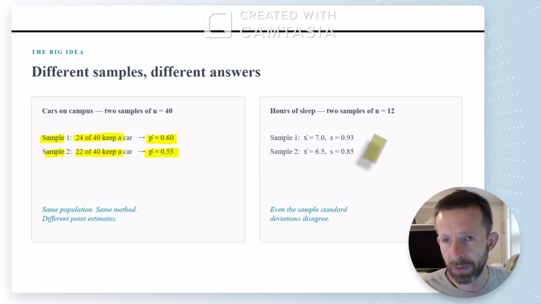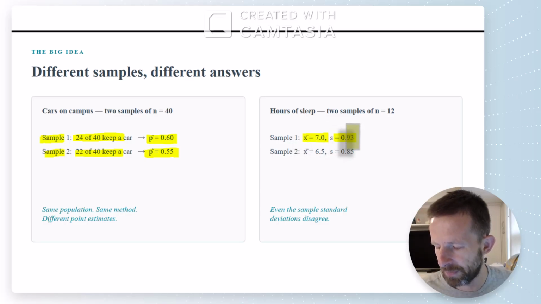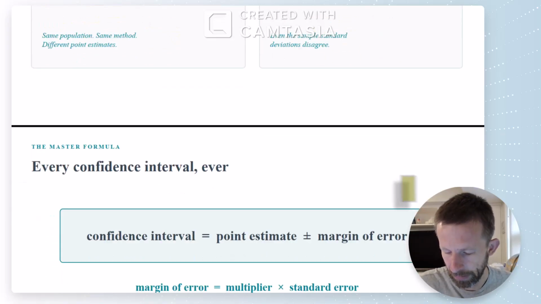Hours of sleep, you interview 12 students. In the first sample, they averaged 7 hours with a standard deviation of 0.93 hours, and the second they averaged 6.5 with a standard deviation of 8.5. Again, it makes sense. Different samples from a population give you different sample statistics.